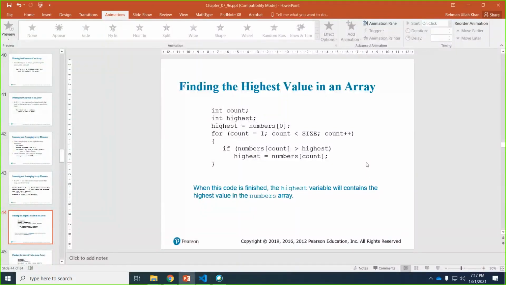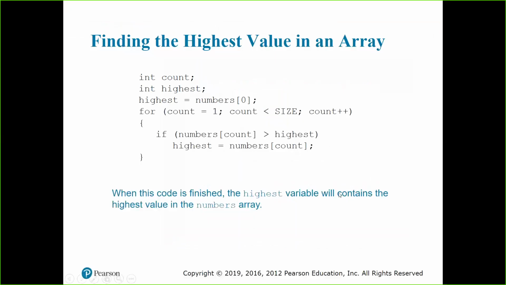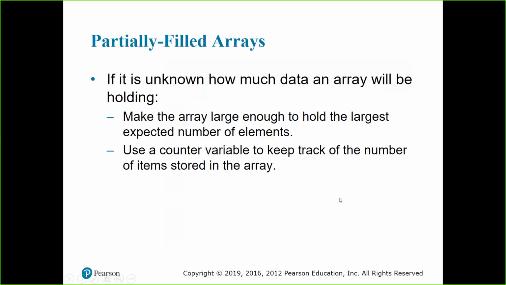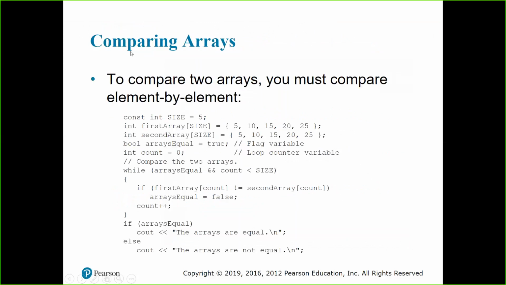So finding minimum and maximum values in an array is very easy. And you can use comparing arrays. For example, if you want to compare one array with another array, then you cannot do it like comparing the first array with the second array as a whole.